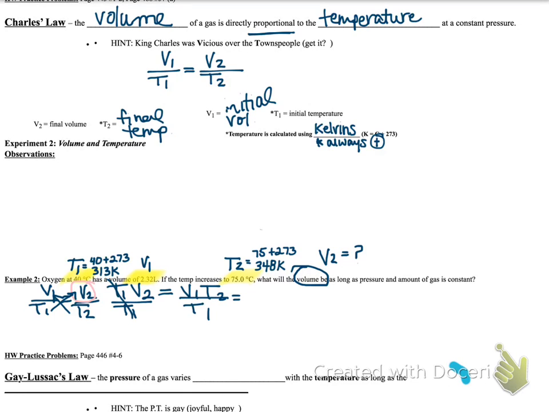So our initial volume is 2.32 liters. Multiply that by our final temperature, which is 348 Kelvin, and divide that by our initial temperature, which is 313 Kelvin.